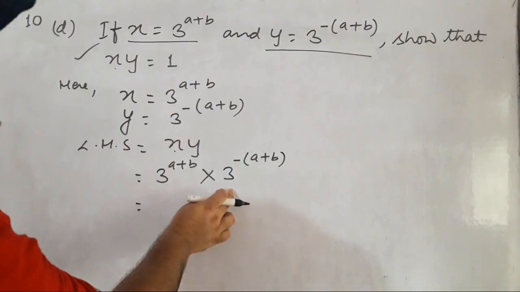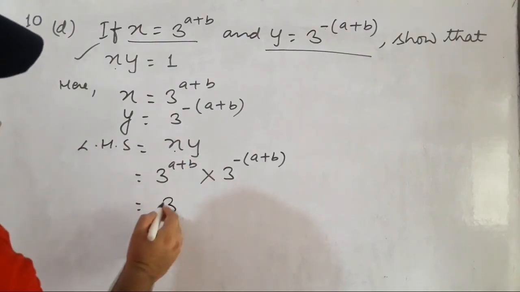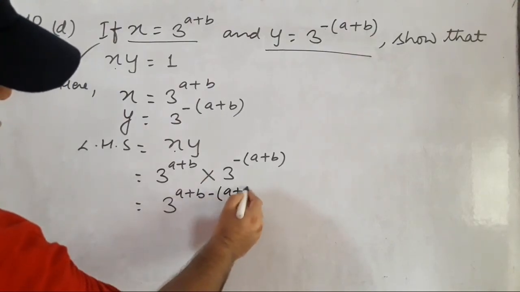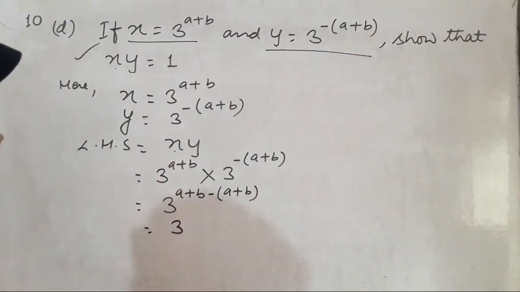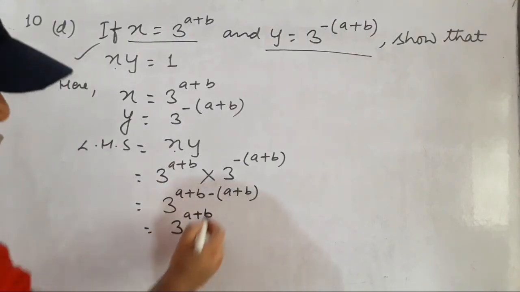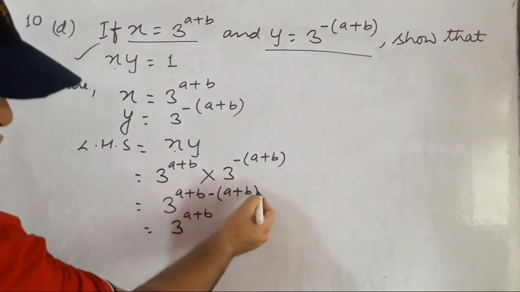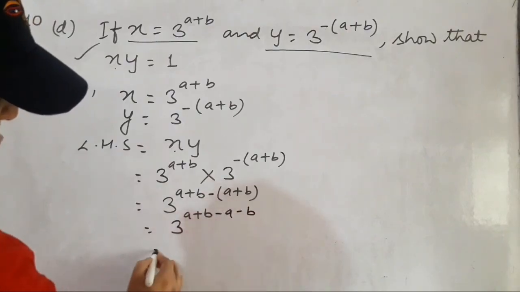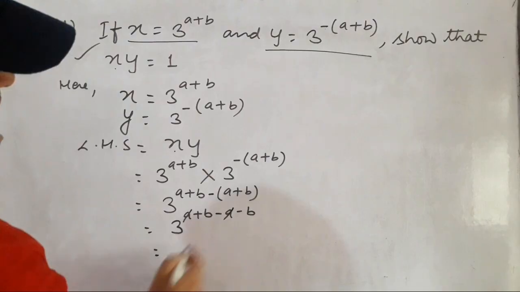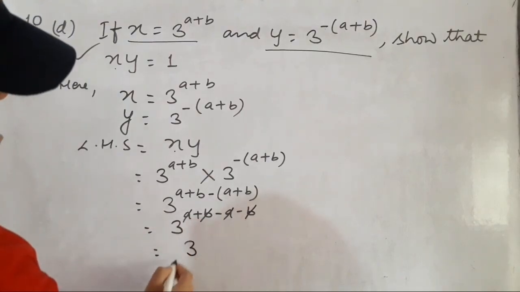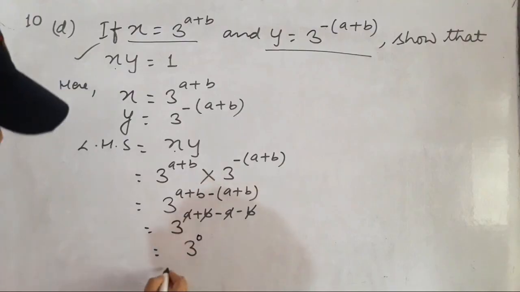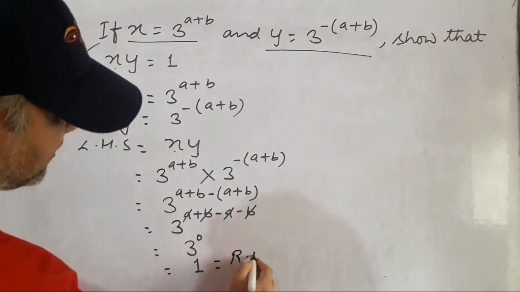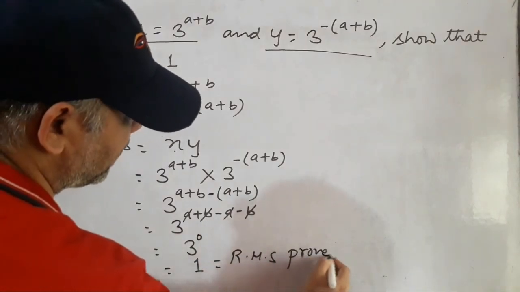When same bases are multiplied, then we can add their powers, 3 power a plus b minus bracket a plus b, equal to 3 power a plus b, minus sign outside the bracket will change the sign inside the bracket, minus a minus b, plus a minus a cancelled, plus b minus b cancelled, 3 power 0, and 3 power 0 is equal to 1 according to the law of zero index. So this is our RHS. Proved.